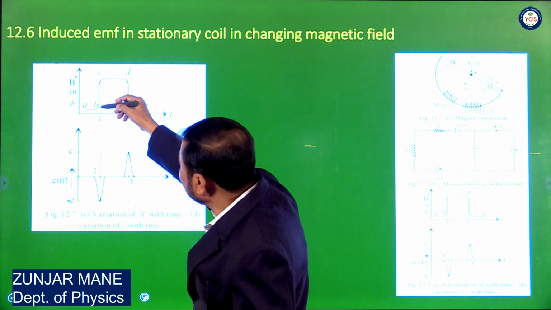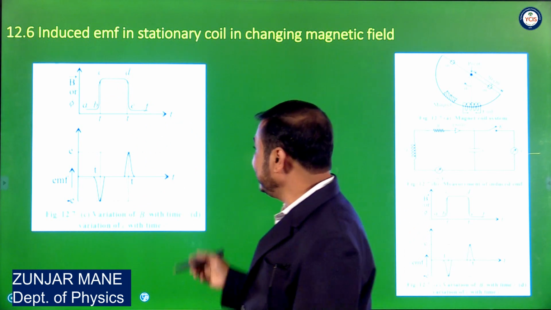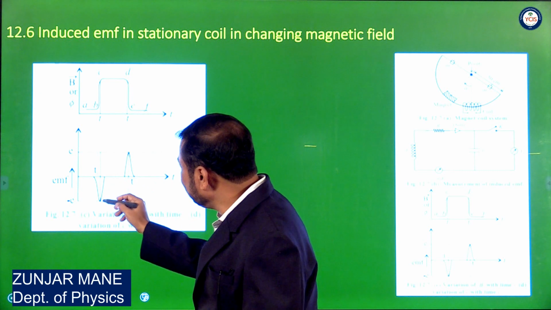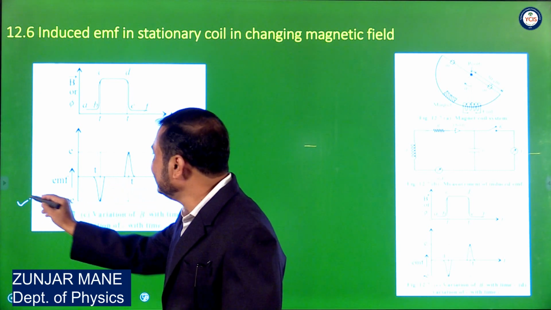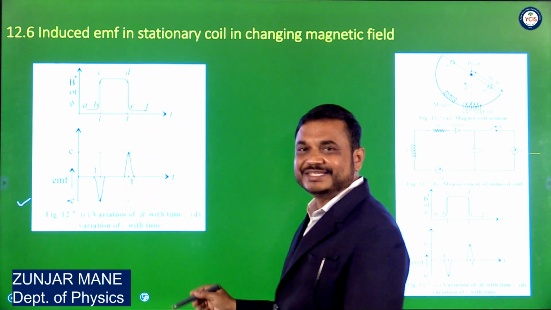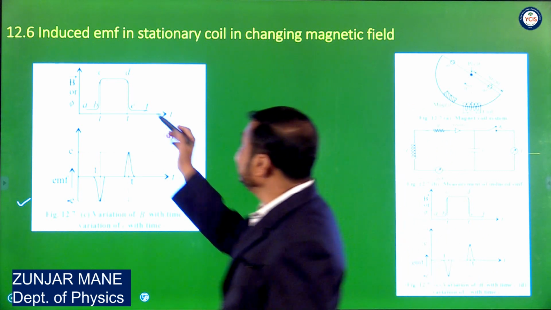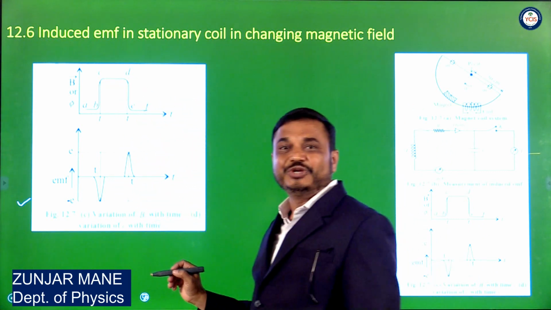So here from B to C there is a large or sudden increase in magnetic flux. So according to Lenz's law, this is shown by this negative spike, that is minus E0, when the magnetic flux goes on increasing. When the magnet is inside the coil, then magnetic flux remains same, so there will be no induced EMF.